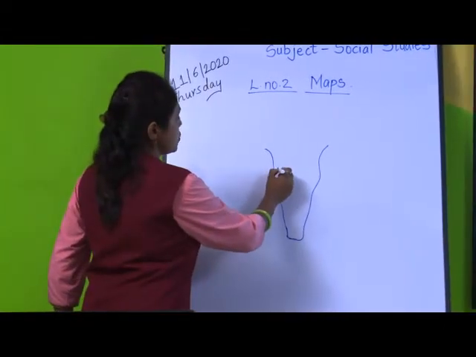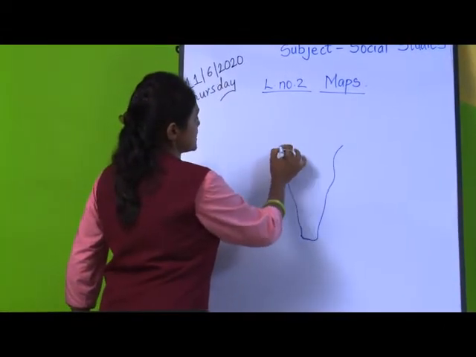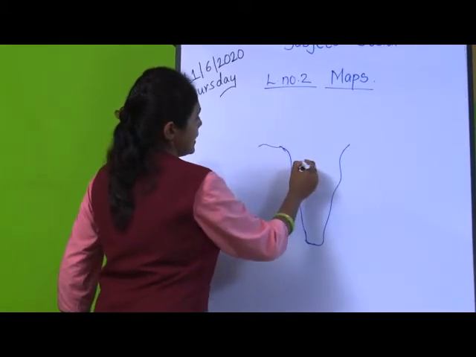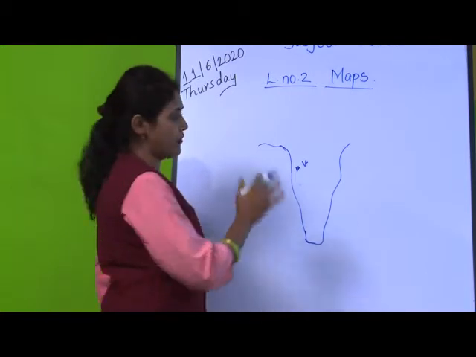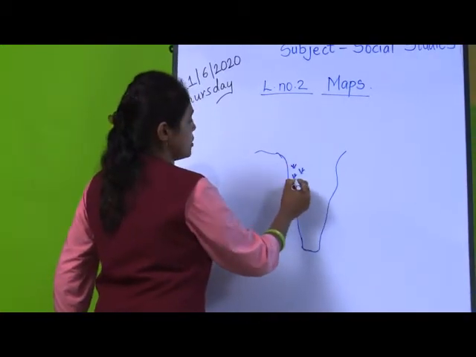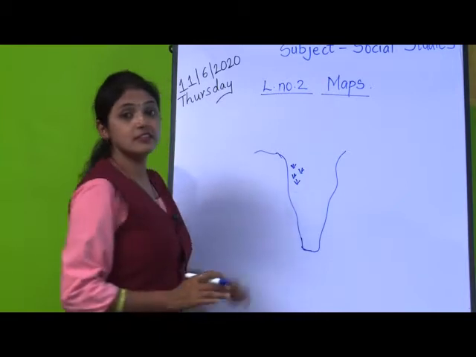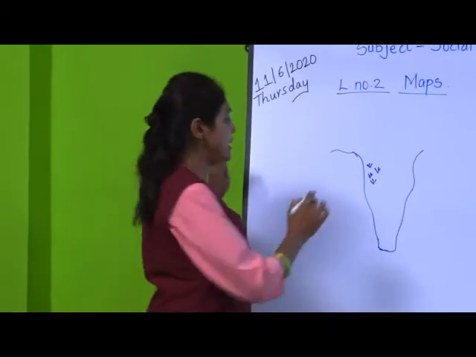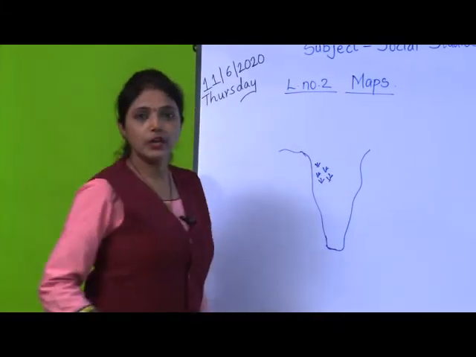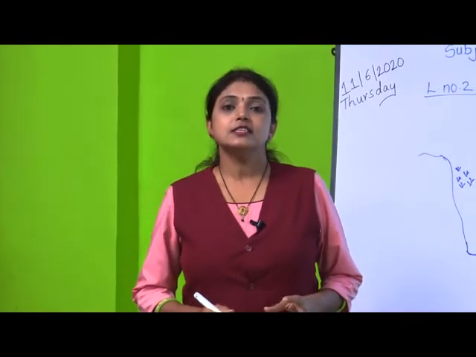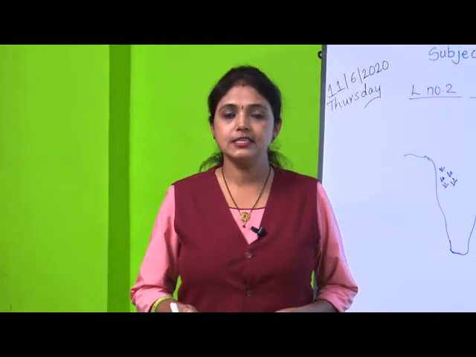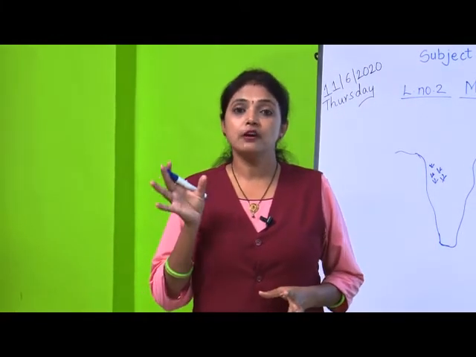I will show it this way, like in Maharashtra or anywhere the crops are grown. If I want to show only crops grown, I will show that this is the area where many crops are grown.